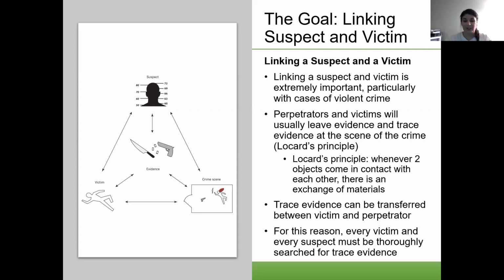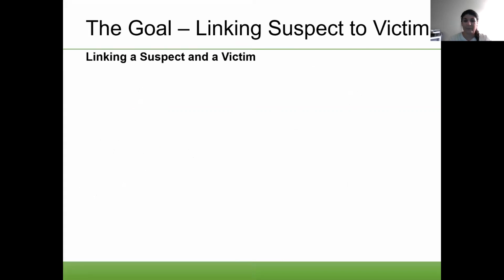There must be an exchange of material if that was used on them, or the knife. Usually the knife, because it actually makes contact with the body, so there would be trace evidence from that. So the knife connects the victim to the suspect because it's the suspect's knife. The suspect's knife is evidence at the crime scene. That knife is used on the victim, so the victim is now linked to the suspect through the knife.